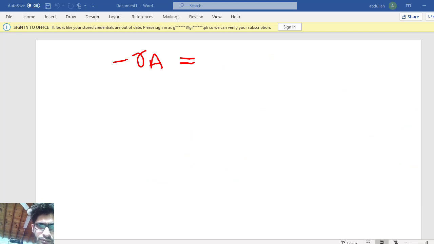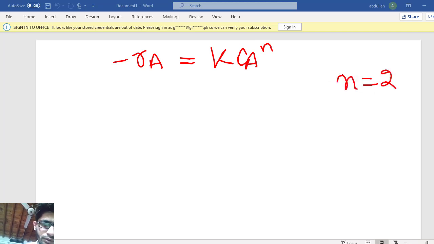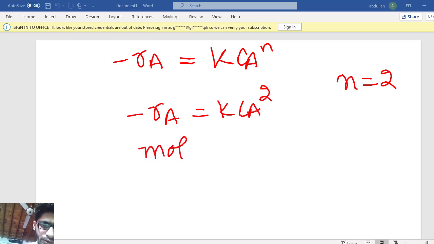Similarly, for second order reaction, n is equal to 2. So the rate law will be minus rA is equal to k CA to the power 2, and rate is mole per liter into time. Now there is a square on the concentration, and concentration is mole per liter, so it is mole square per liter square.